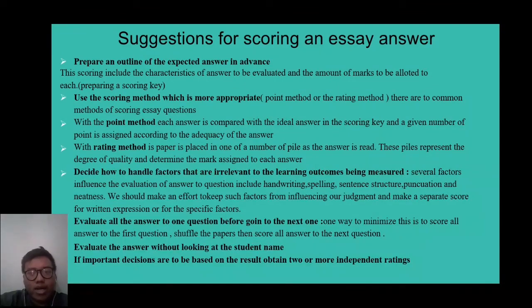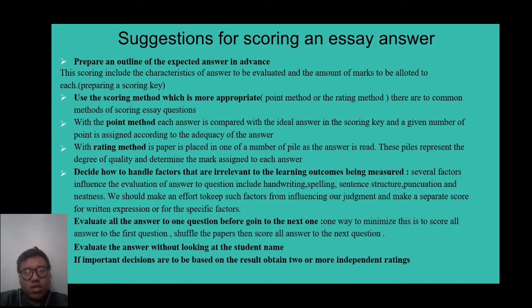Suggestion for scoring an essay answer. Prepare an outline of the expected answer in advance. The scoring includes the characteristic of answer to be evaluated and the amount of marks to be allotted to each. Preparing a scoring key. Use the scoring method which is more appropriate, point method or the rating method. There are two common methods of scoring essay questions.